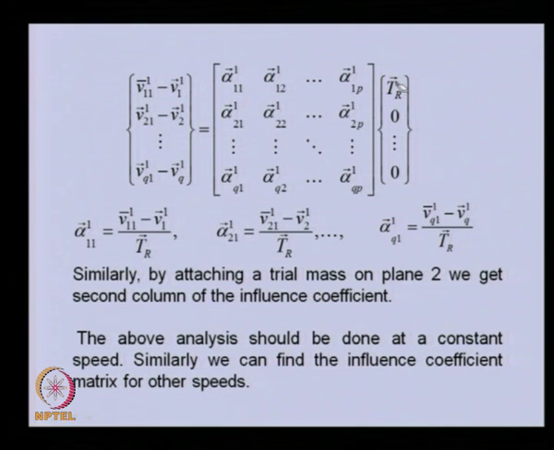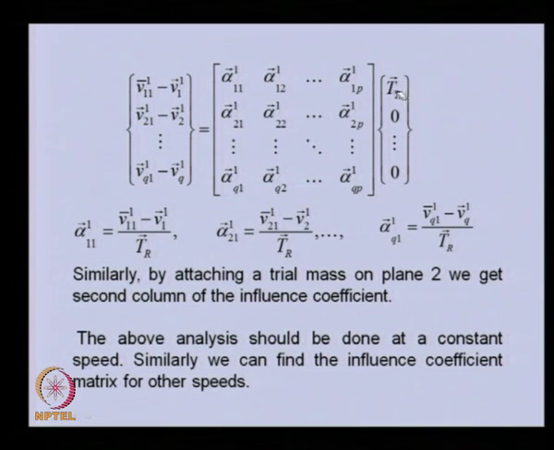Here all the residual unbalances will get cancelled because only the trial mass will be left out. So, that means once we take the difference of these two equations, one with trial mass and another without trial mass, we will get this equation in which all the residual unbalance will be cancelled out.